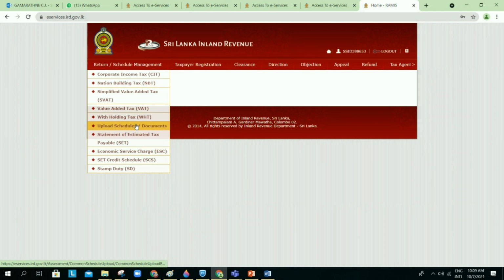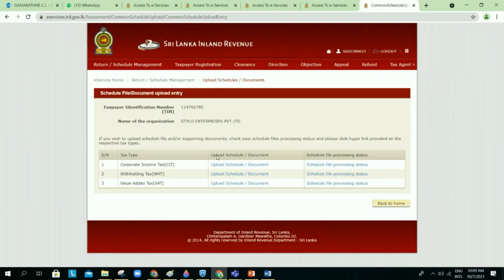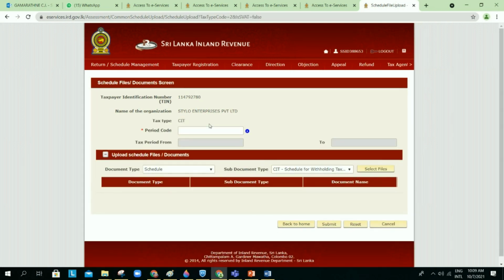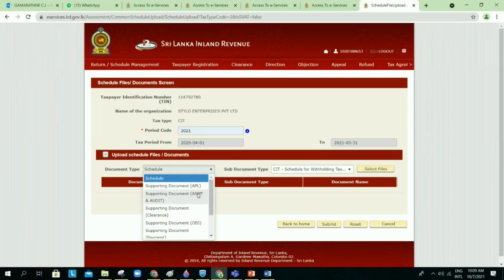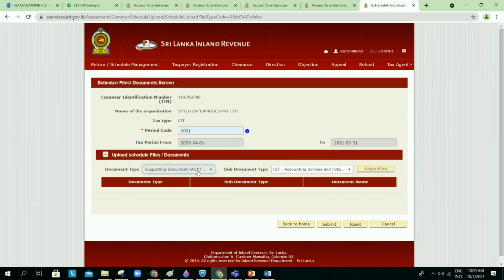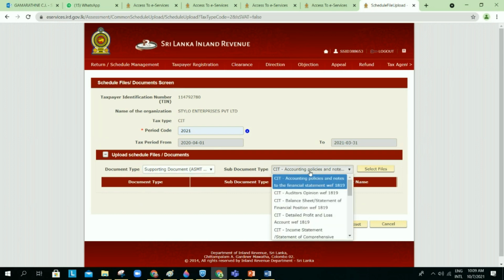Then select the tax type and upload schedules and document. Then enter the period code, and then you have to select the document type. When you select the document type, subdocument types are available here. Then you can select what document you need to upload.